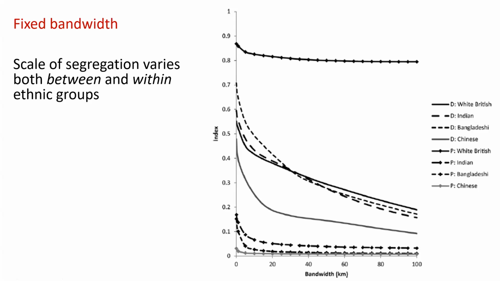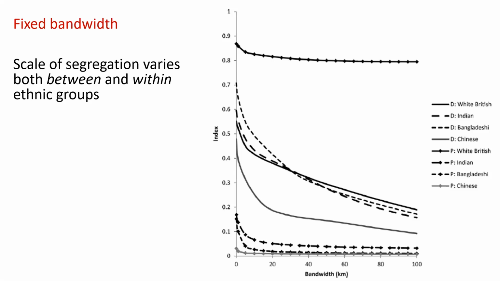We can see different values for each ethnic group according to the scale at which segregation is measured, but also for the same ethnic group at different geographic scales. For both of the dimensions of segregation here, unevenness and exposure, each ethnic group has quite clearly higher levels of segregation at the small or neighborhood scales and less at the larger or regional scales.